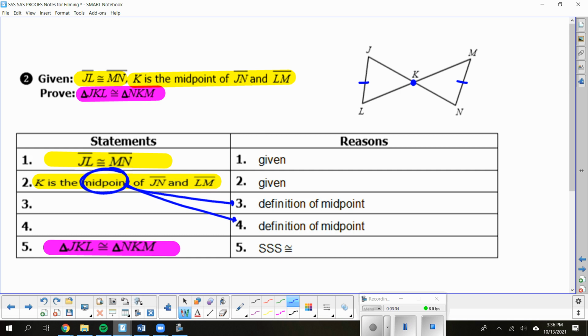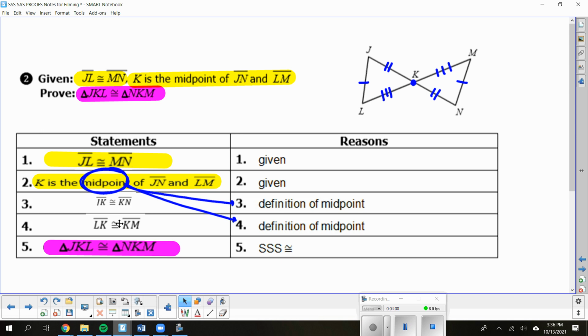So if it's in the middle of JN, that means JK and KN are congruent. It's going to be cutting that in half there. And it also means, since it's in the middle of LM, that LK and KM are also congruent because it's in the middle, cutting those in half as well. So those would be the statements that we would fill in for using definition of midpoint.